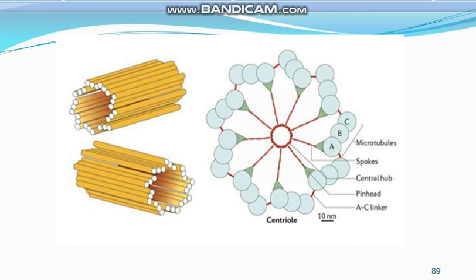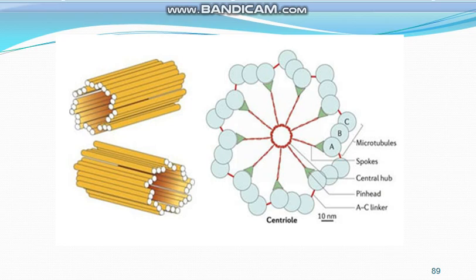So now you know that the centrosome is made up of 2 centrioles present perpendicular to each other, or at right angle to each other, and surrounding the centrioles there is amorphous material. These are also known as the diplosomes, and they are present near the nucleus in the animal cells.